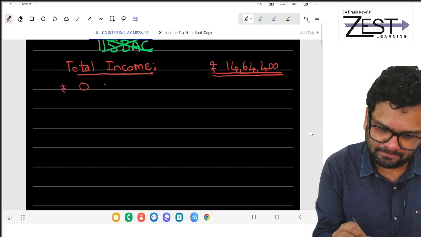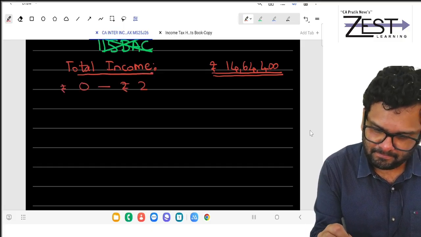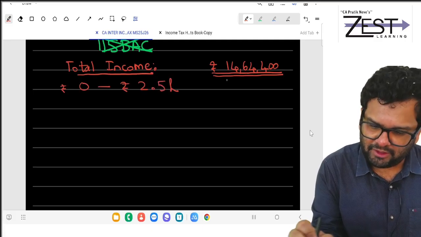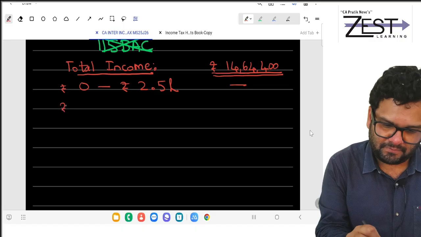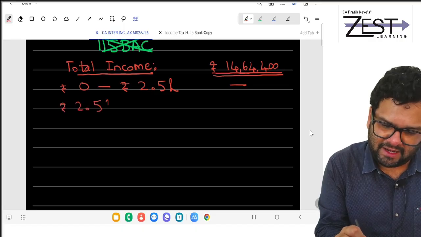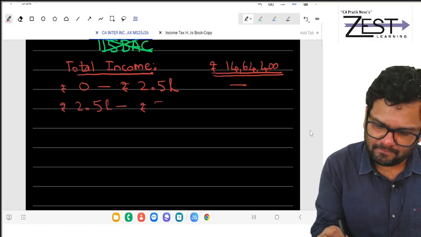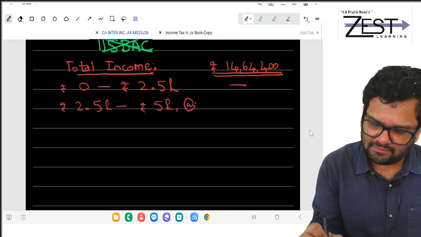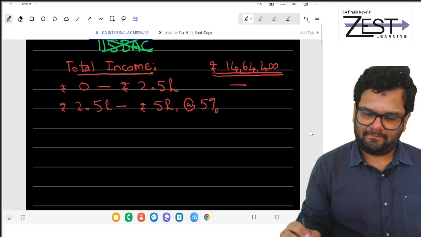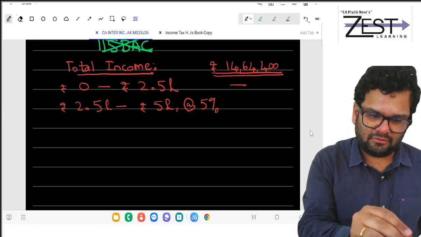0 to 2.5 lakhs, nil. 2.5 lakhs to 5 lakhs, 12,500.